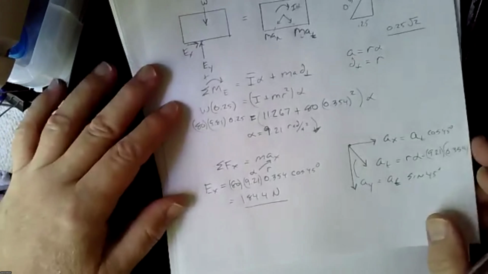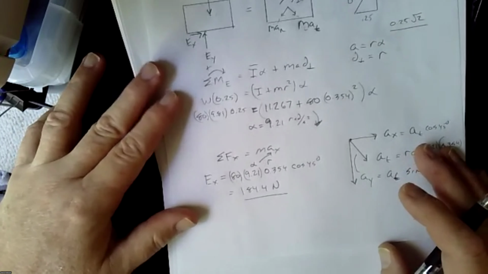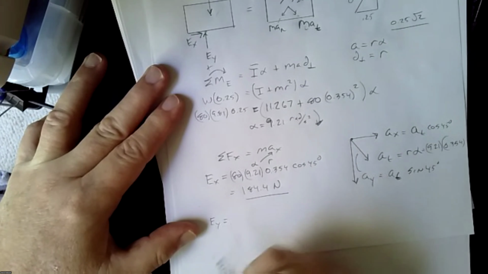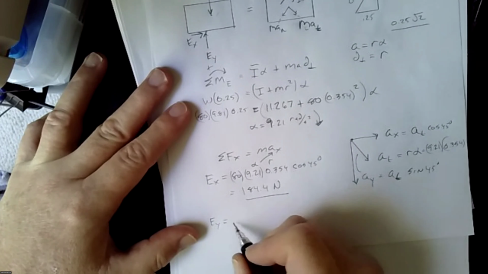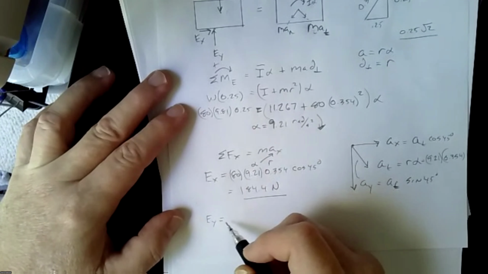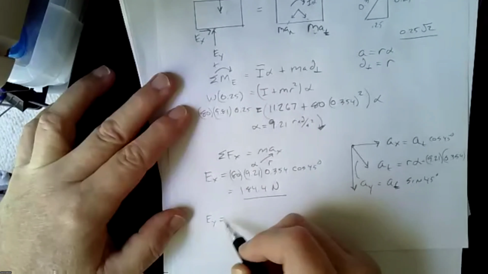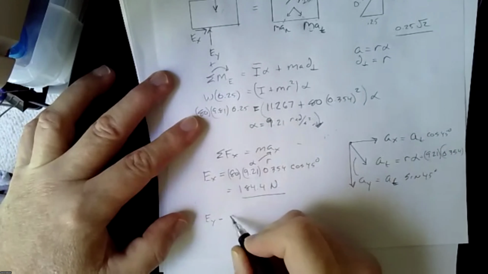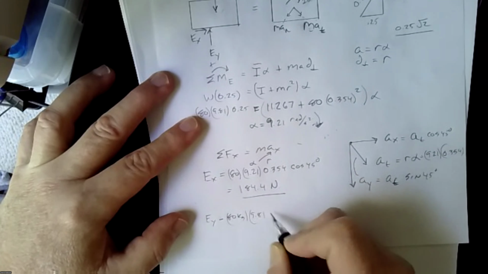So y is the exact same process, except you have to, of course, account for gravity. So EY equals, and so that's going to be what? We're going to assume EY is up. So if we sum the forces, EY is the force up, and then it's going to be minus 80 kilograms times 9.81.